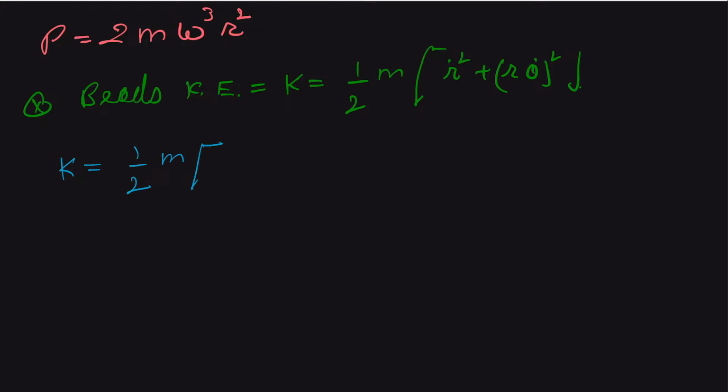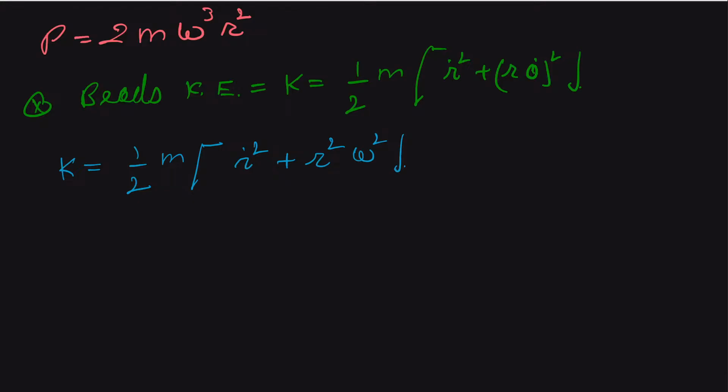and we get this as r dot square plus r square theta dot square, and we know that the derivative of theta is nothing but omega, so this comes as r square omega square.